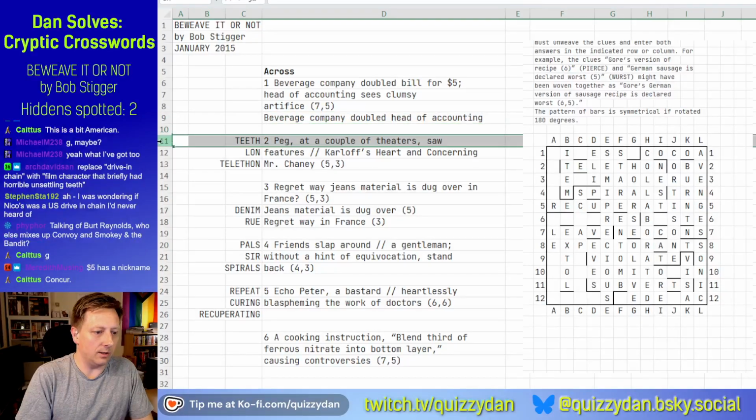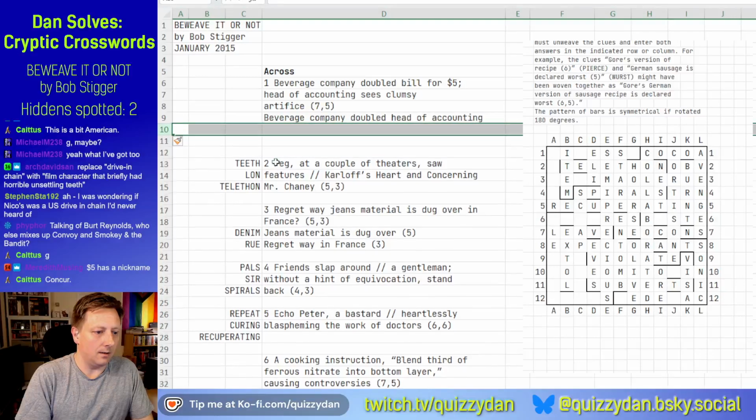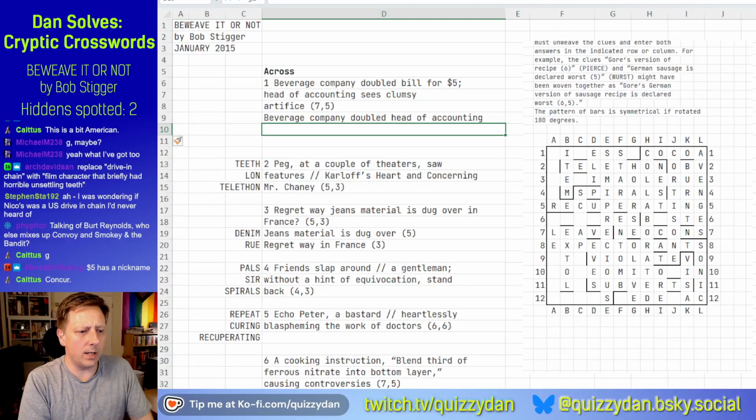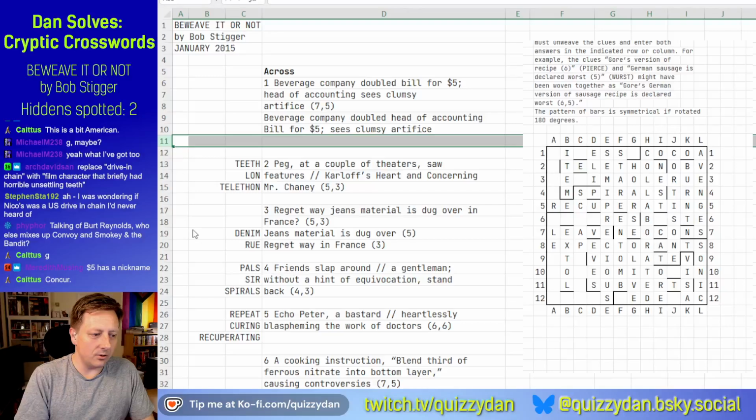I think I'll need 2 lines for this next bit. And 1 for spacing. So we are left with bill for $5. C's clumsy artifice. How is that on 2 lines? It's all the words, and it's on 2 lines instead of 3.